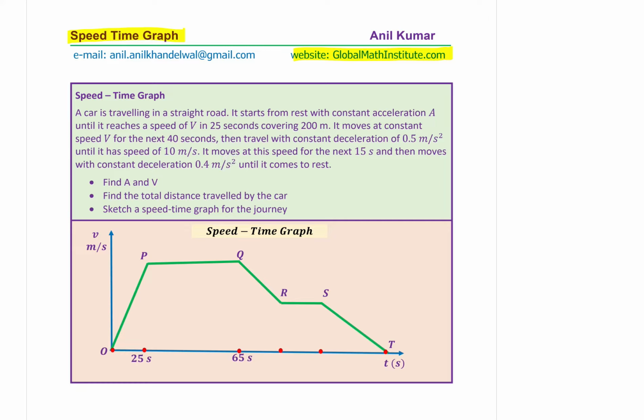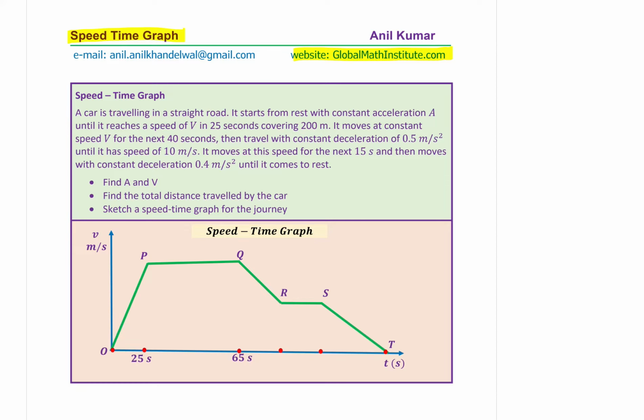It moves at this speed for the next 15 seconds and then moves with constant deceleration 0.4 meters per second square until it comes to rest. Find a and v, find the total distance traveled by the car, and sketch the speed time graph for the journey.